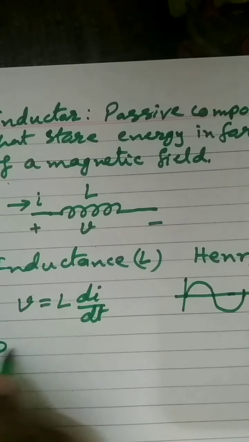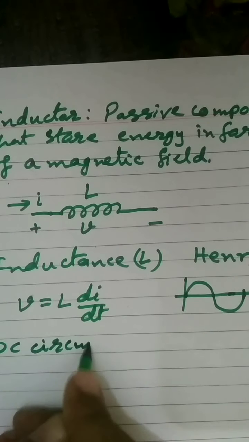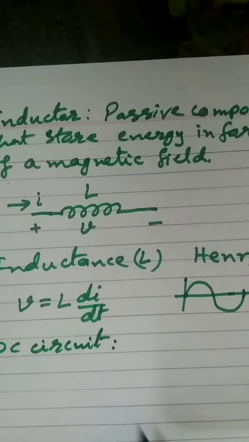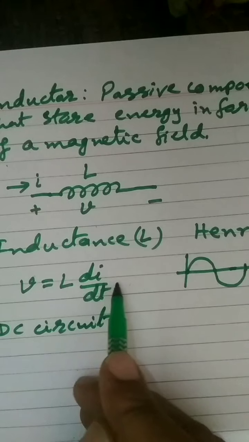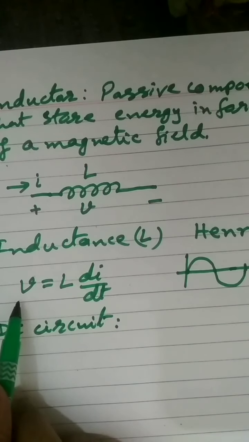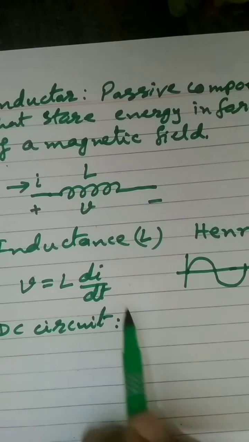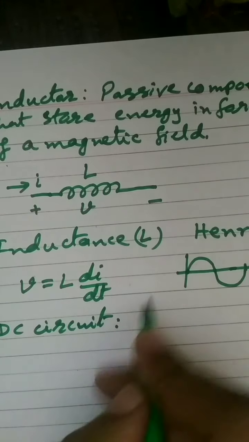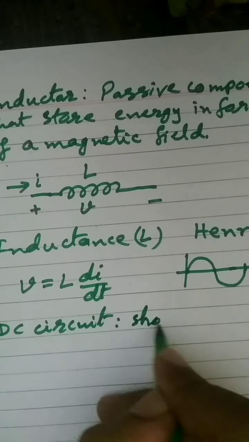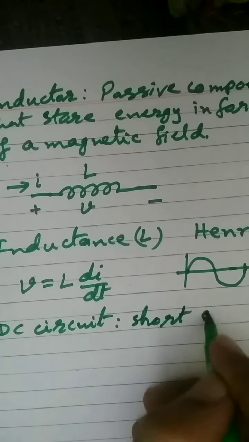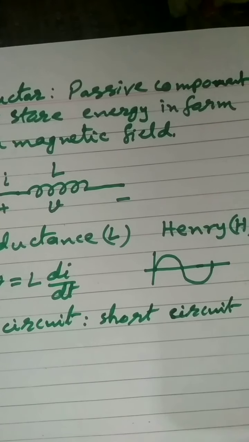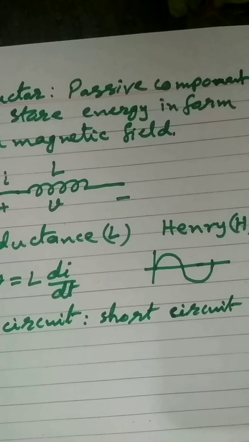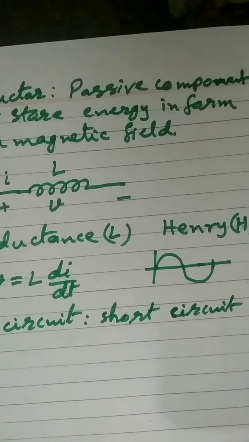But in case of DC circuit, the current is constant. So di upon dt will be equal to 0. So no voltage will be induced across the inductor. That means the voltage across the inductor will be equal to 0, and this is considered as the short circuit case. That means if we use the inductor in a DC circuit, it will behave like a short circuit path.